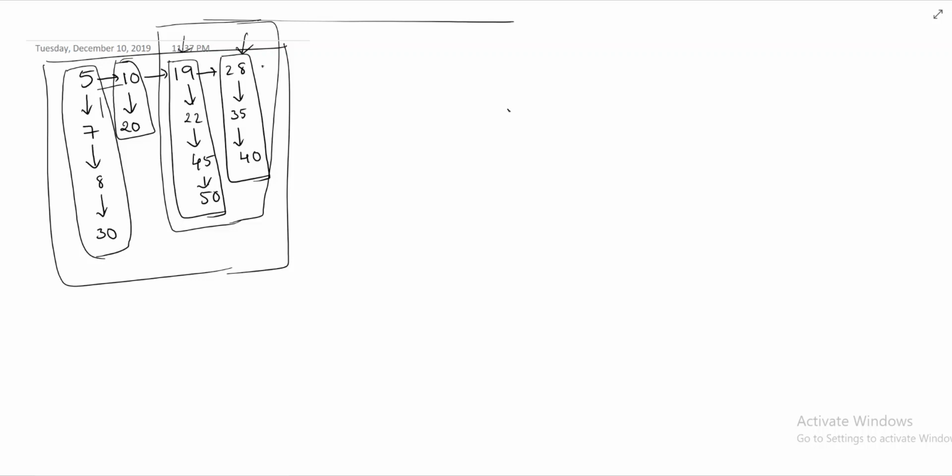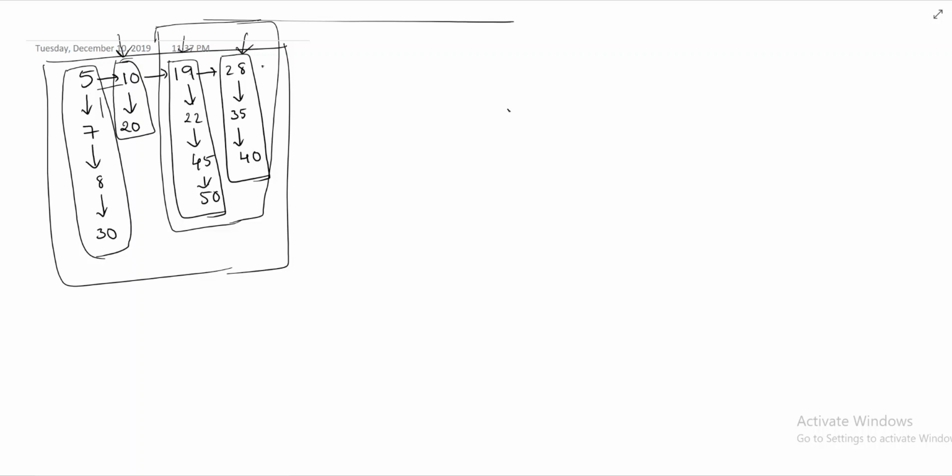After that, I'll merge that returned sorted list with this list, and this will in turn return the merged sorted list of these three sorted lists, and then I'll finally merge with the first list. So it is very clear that we need to use recursion to solve this problem.